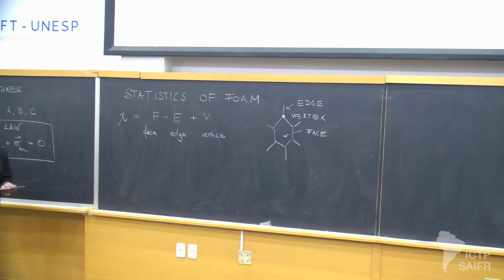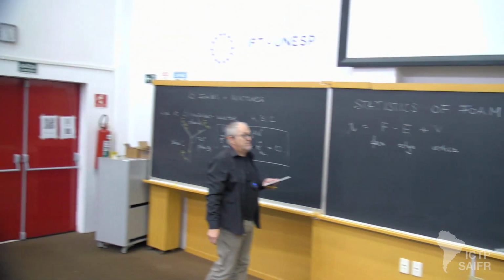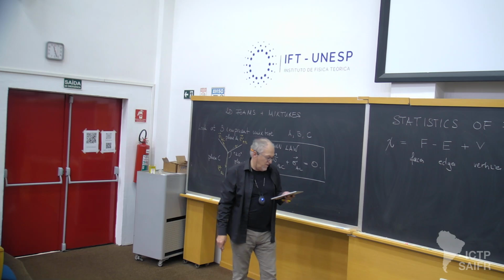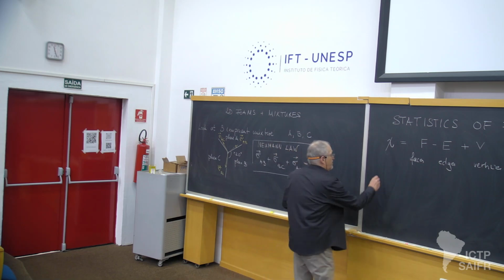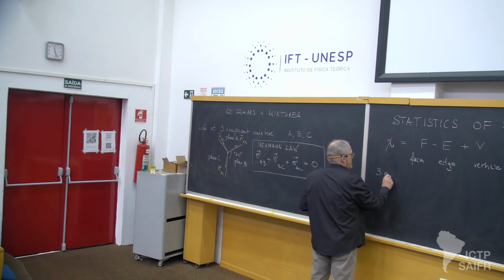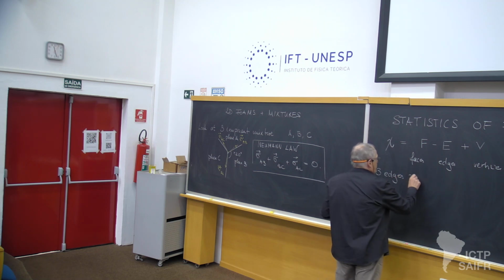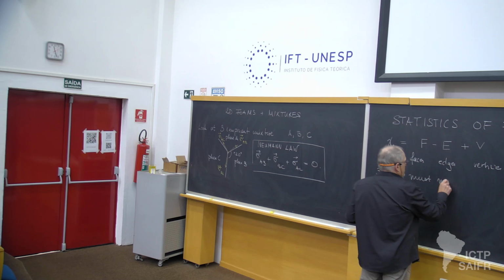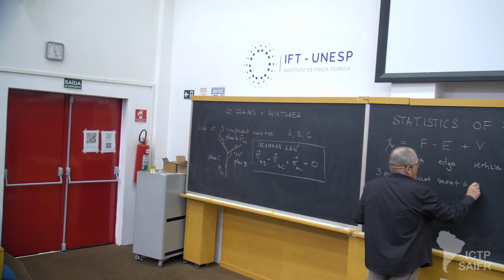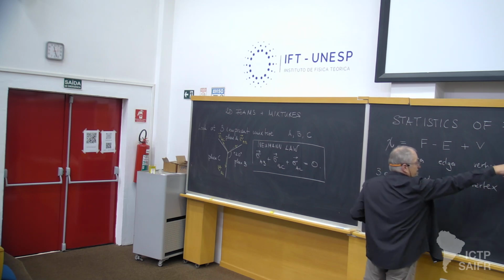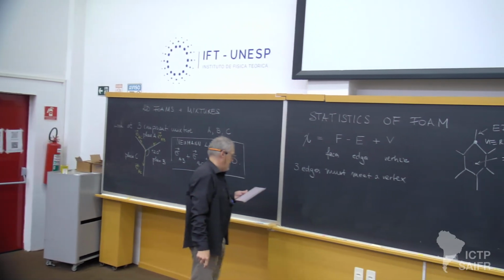Okay, so that's an invariant, and you can now use that invariant to make some very general statements about the foams. So first thing you should notice is that if you look at the edges, 3 edges must meet at a vertex, a very obvious fact, as you can read off from the picture here on the right.